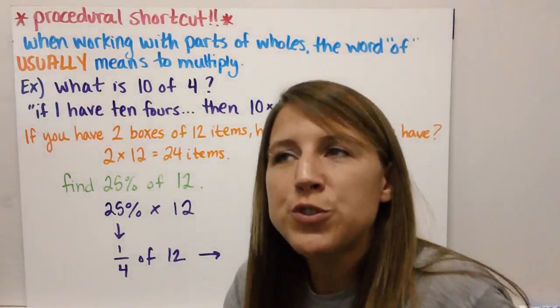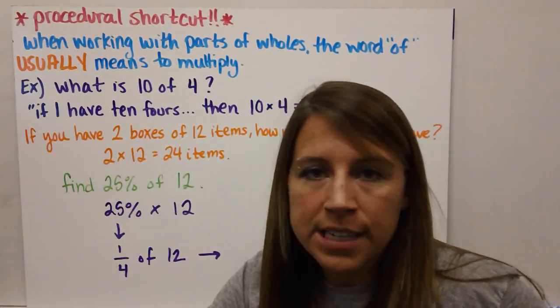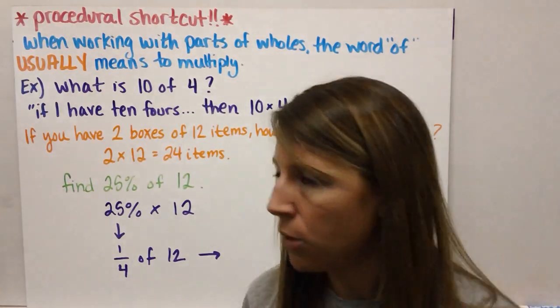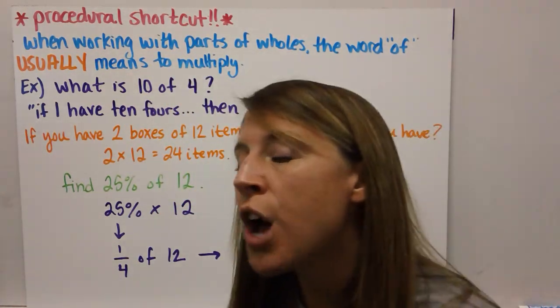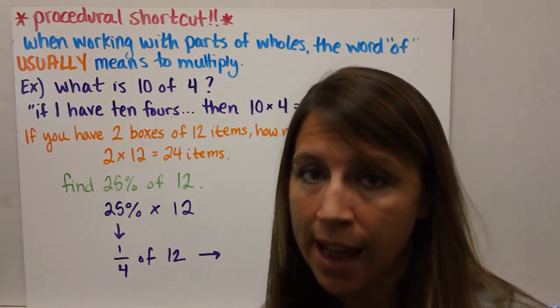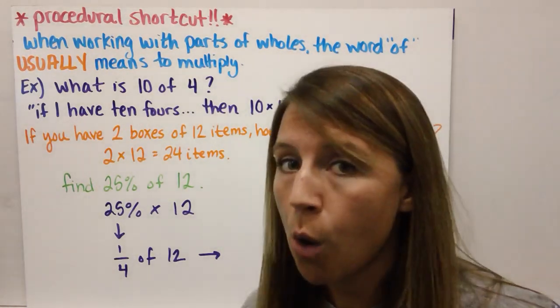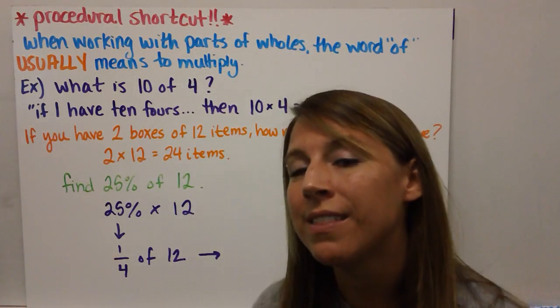But I don't want you to get so hung up on the word that you automatically do something. It has to make sense to you. When you work with parts of wholes, the word "of" usually is going to mean to multiply. Always, no. But normally, usually, in problems that are set up like this, yes.